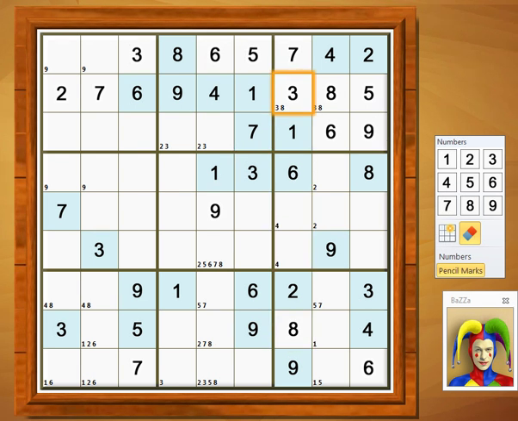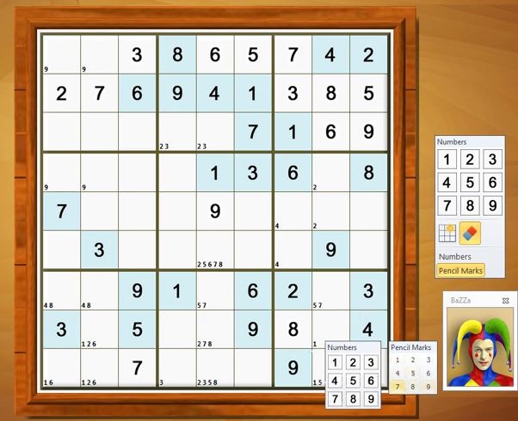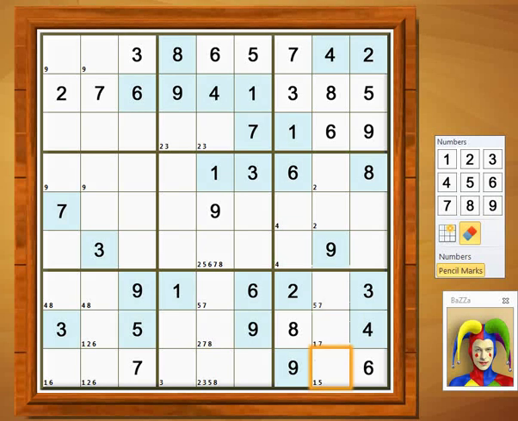Because of the 8, we'll take that one out. So we've got 1, 5, 7.